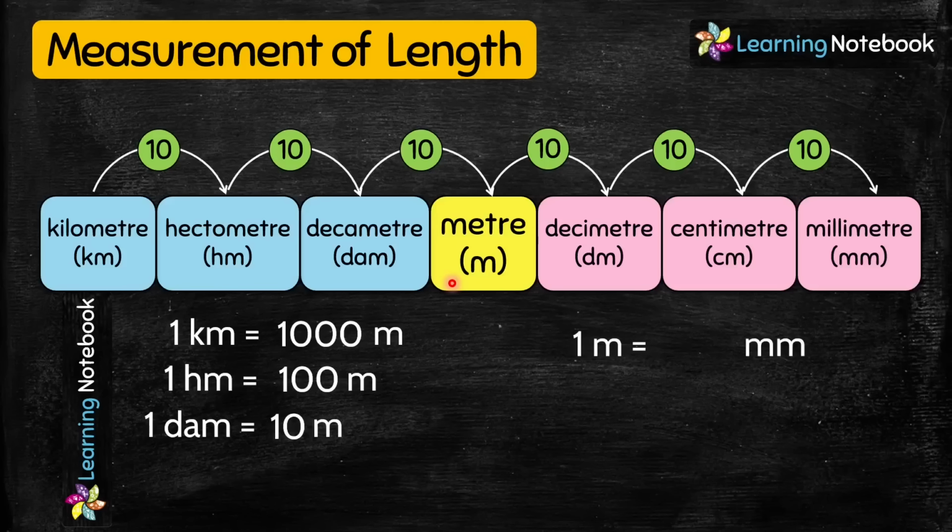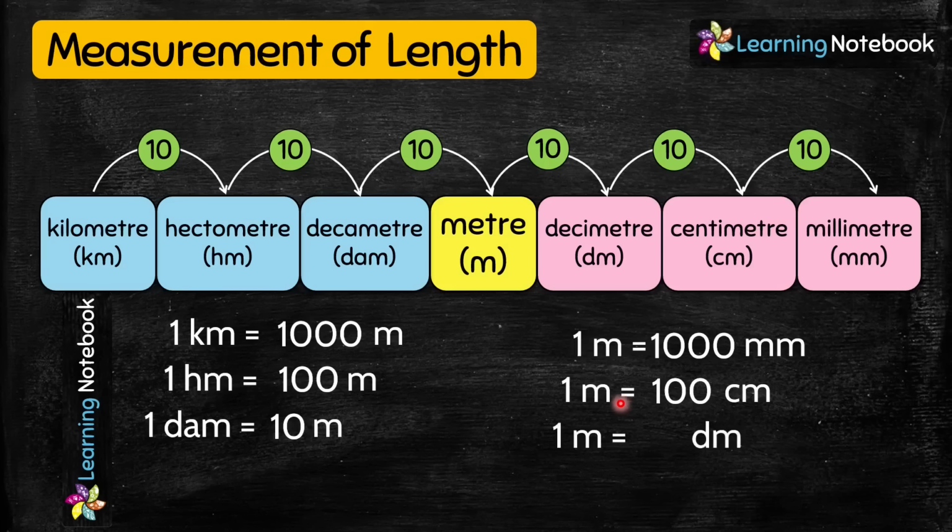Similarly, to convert 1 meter into millimeter, we will jump 3 times. So 1 meter equals 1000 millimeters. To convert 1 meter into centimeter, we need to jump 2 times. So 1 meter equals 100 centimeters.